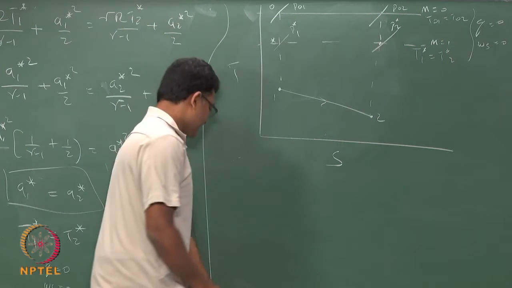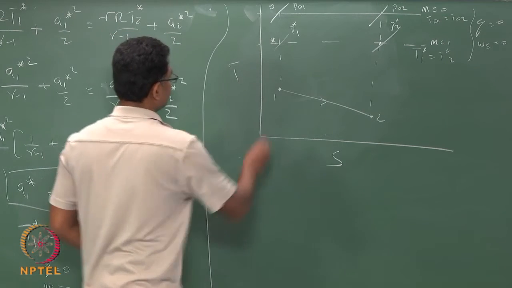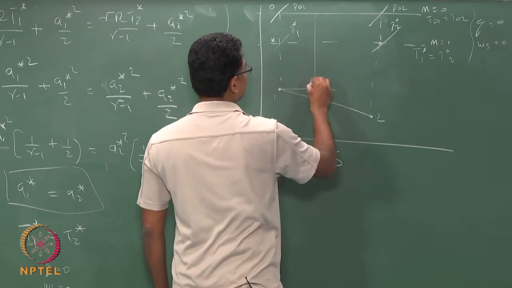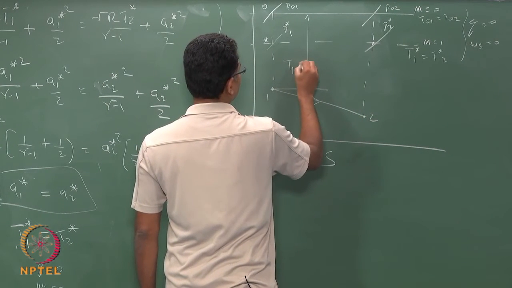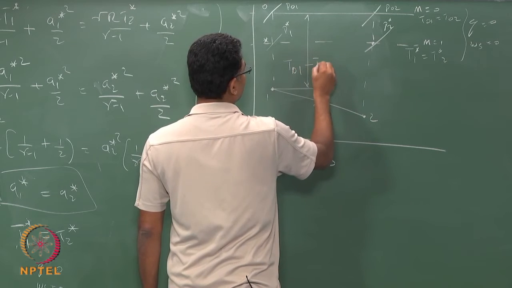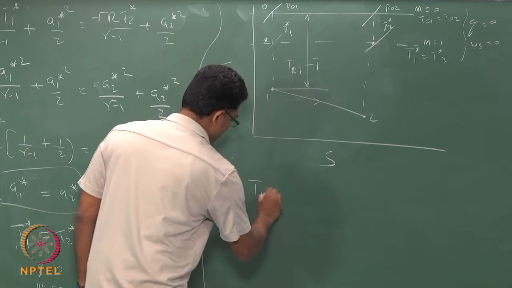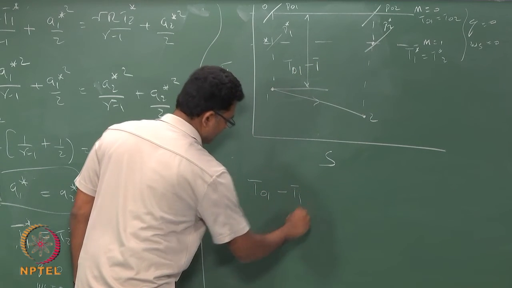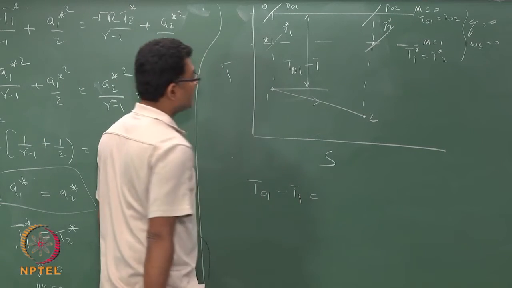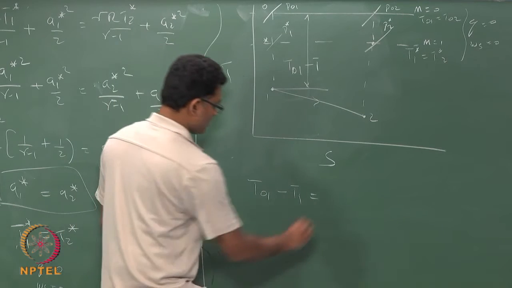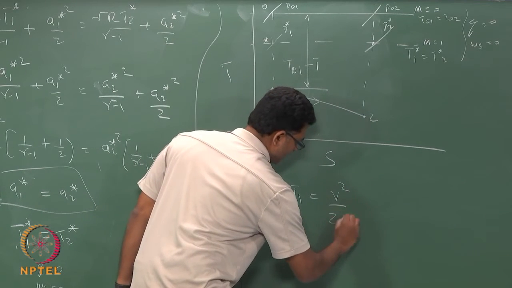We have also seen this difference between the temperatures T01 minus T1. So, what is T01 minus T1? T01 minus T1 is nothing but V square by 2 Cp.